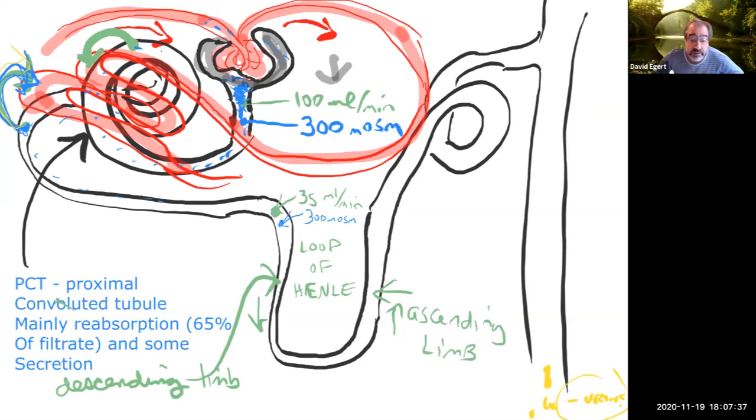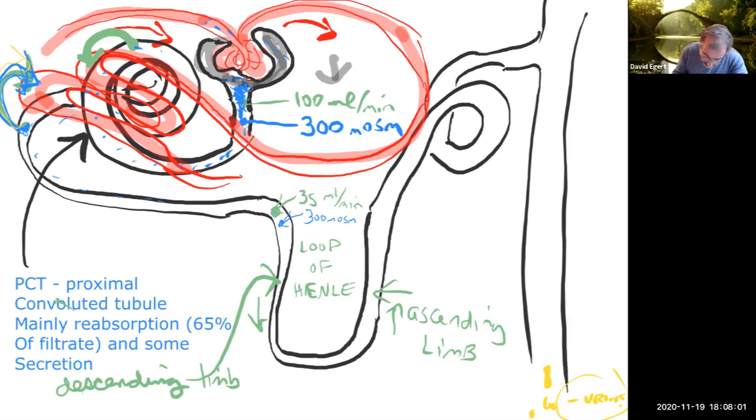The properties of these two parts of the loop of Henle are super different. I'm going to describe first their basic properties, but then I'm going to talk about how they work together to create this really important gradient as you go down into the kidneys. So let me just tell you about the properties.